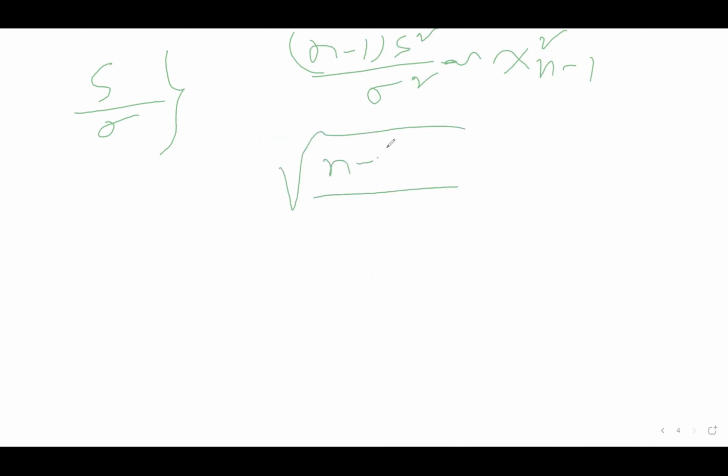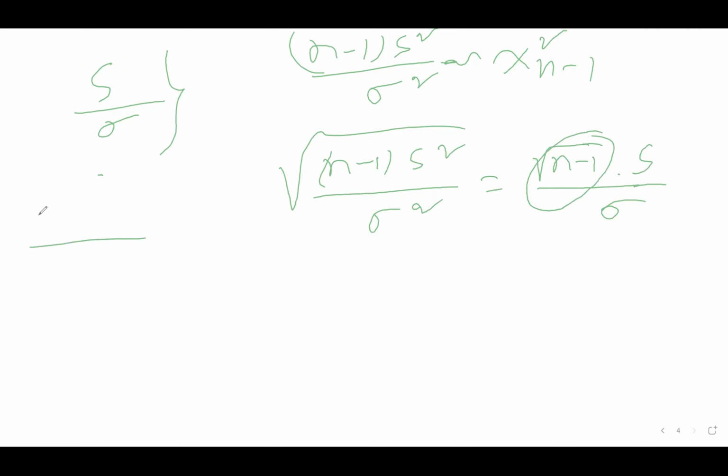It will be square root of n minus 1 times S over sigma, right? But in the denominator, we have just S over sigma. Here we have one extra term. So what we can do is multiply with this one and divide by square root of n minus 1.